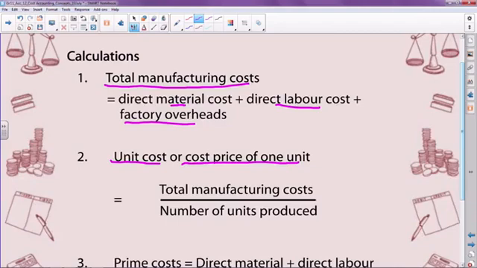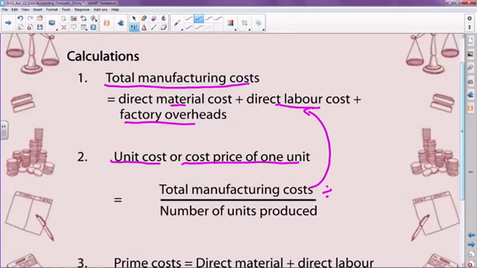We're going to take our total manufacturing costs. So remember, guys, total manufacturing cost is what we calculated from up there, from calculation 1. So we take total manufacturing costs and we're going to then divide this by the number of units produced. Okay, you guys got that.